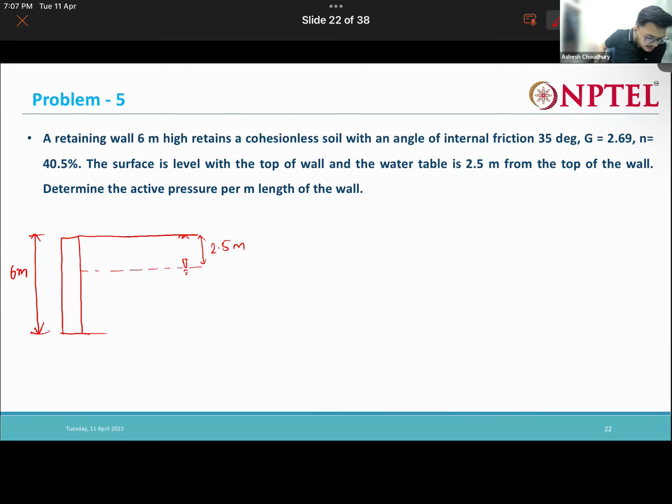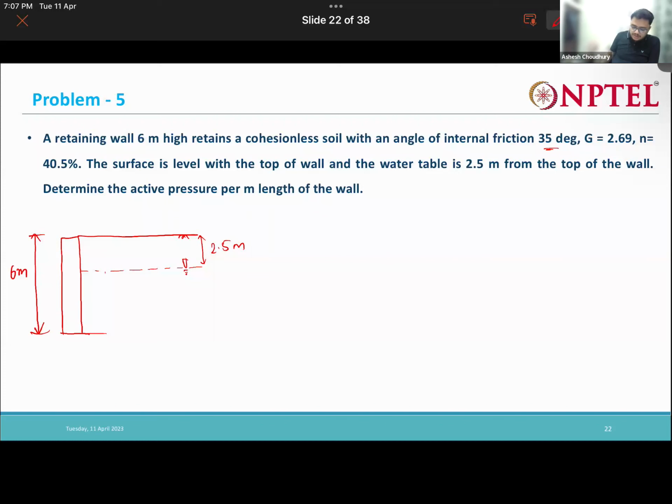We need to determine the active pressure. The figure is not given, so I will draw it here. Already everything is given. So this is 2.5 meter. It's told that the water table is 2.5 meter below the top.